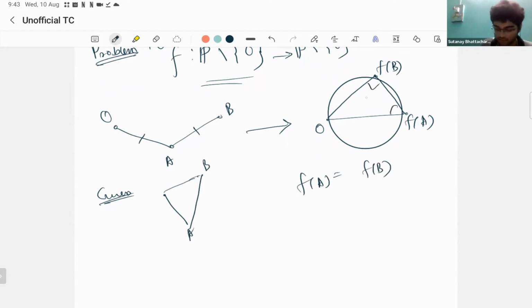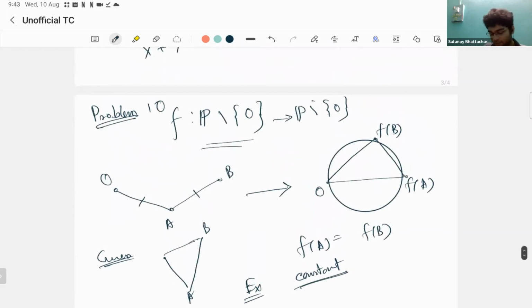Because both of these angles have to be right angles, and that's not possible unless they coincide. So the function just going to 1 point works. So one example is constant.